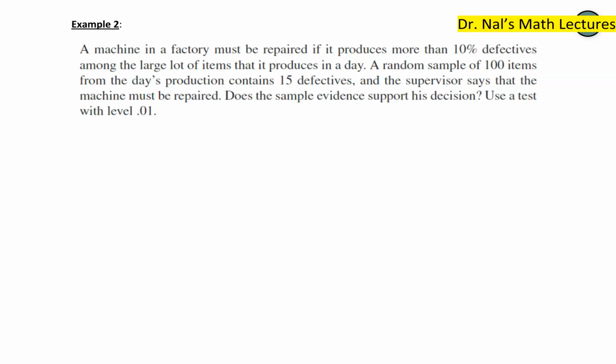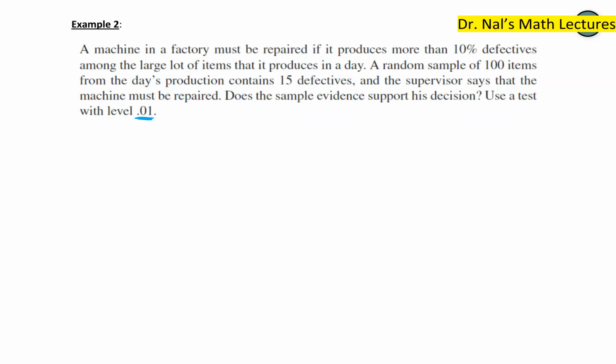This time we're going to use a test with a significance level of 0.01. So we need to find a lot of evidence against the null hypothesis to reject it, I would say. Because we will be working with proportions, let me remind you that the sample proportion can be used to estimate a given binomial parameter, right?